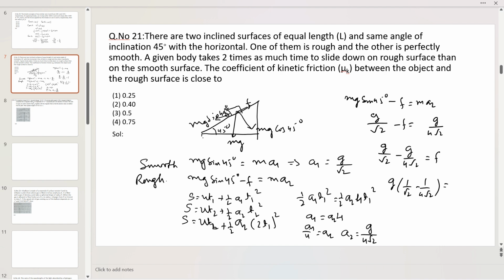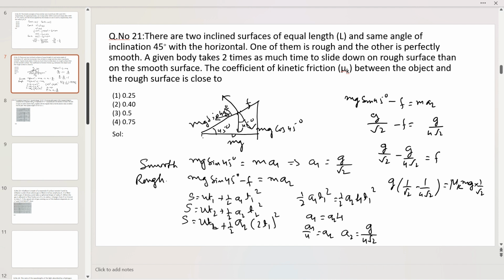The normal reaction is mg cos 45 degree, which is mg by root 2.